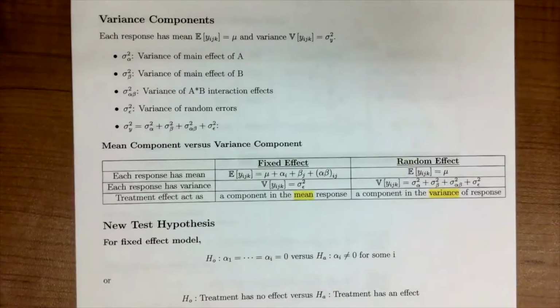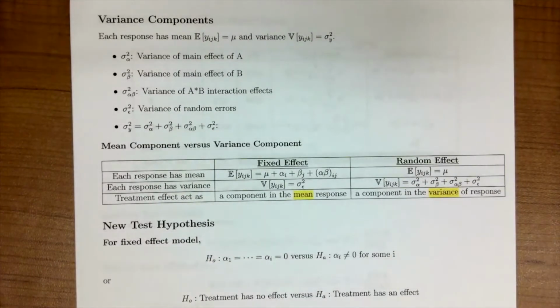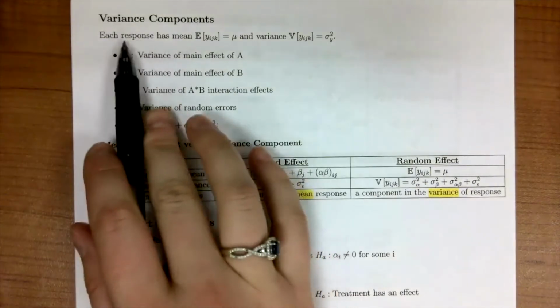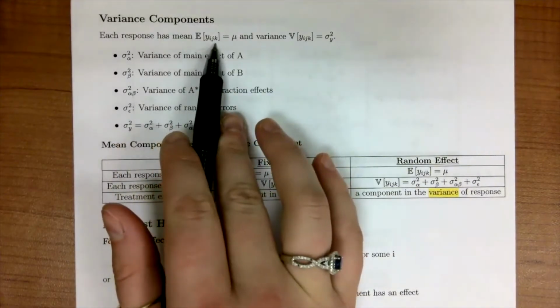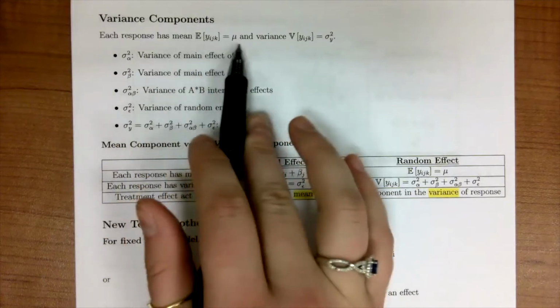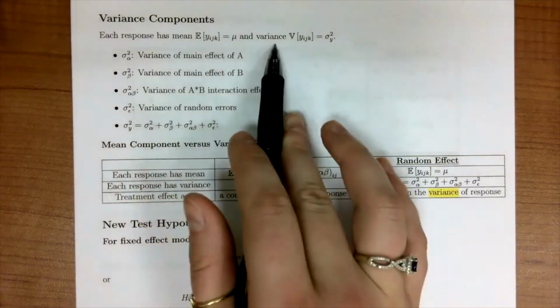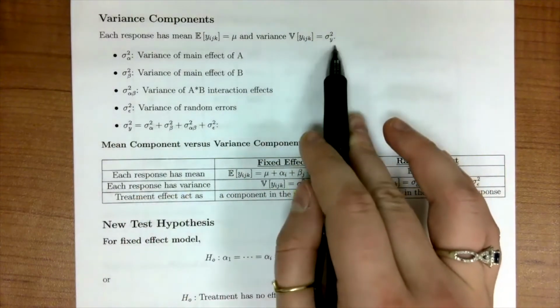With our random effects, because we have these extra variance components, our expected response and variance for each response is a little bit different. So for each response, i.e. the yijk's, we expect the mean to be mu and the variance to be sigma squared y.